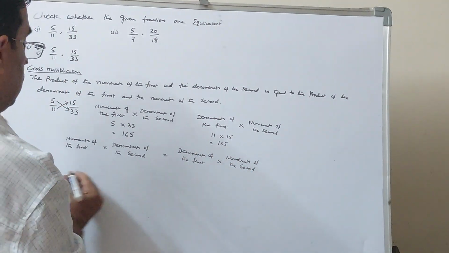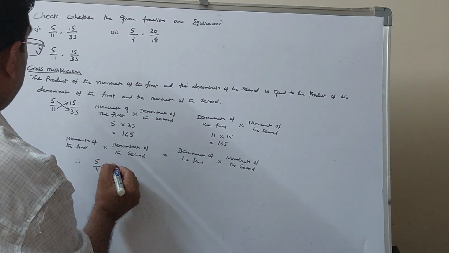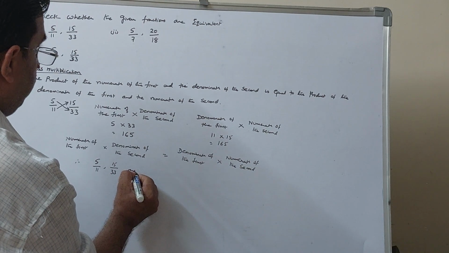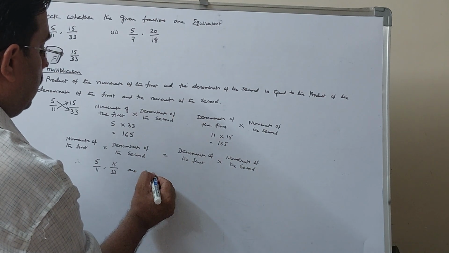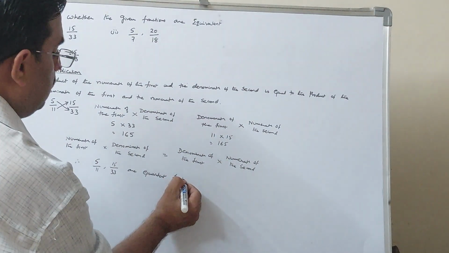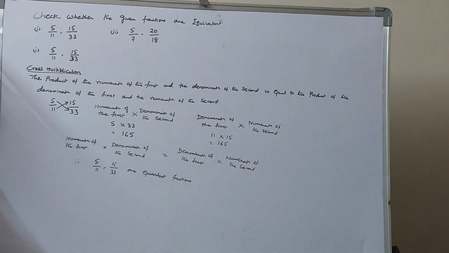Therefore 5 by 11 and 15 by 33 are equivalent fractions. This is the way you have to solve the question.